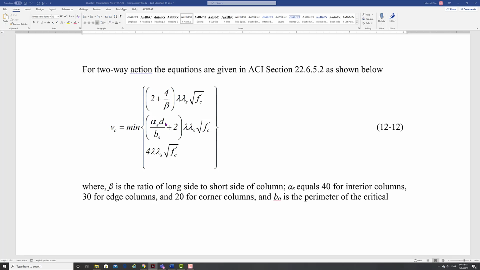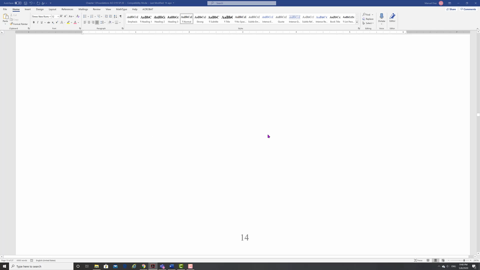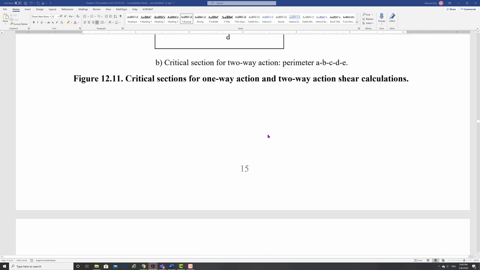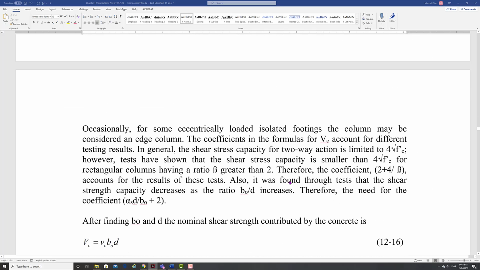The same here, but it's a little difficult because it's this D over B naught that again there. Okay? So the shear strength is inversely proportional to the B naught D ratio. Okay? So don't forget that for those quick questions in the final, right? So shear strength capacity decreases as the ratio B naught to D increases, right?